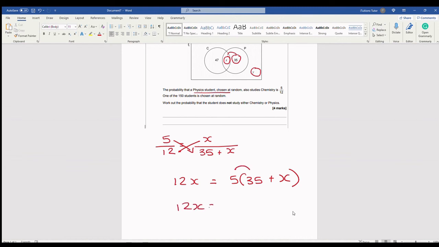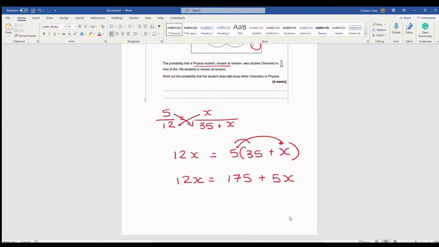Let's just write this out again. 5 multiplied by 35 is 175. 5 multiplied by x gives us 5x. Now solve this equation. So I'll take away 5x, take away 5x, which gives us 7x equals 175, because this cancels out. Divide by 7, divide by 7, x is equal to 25.